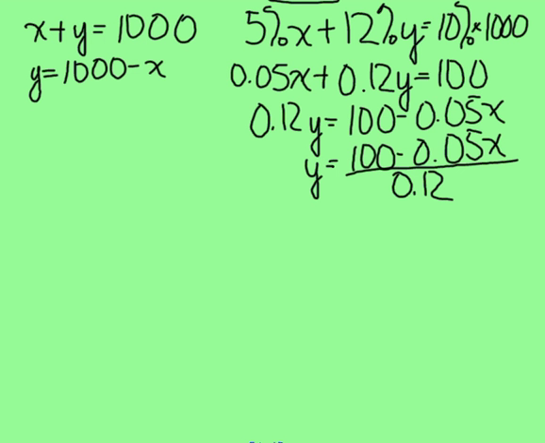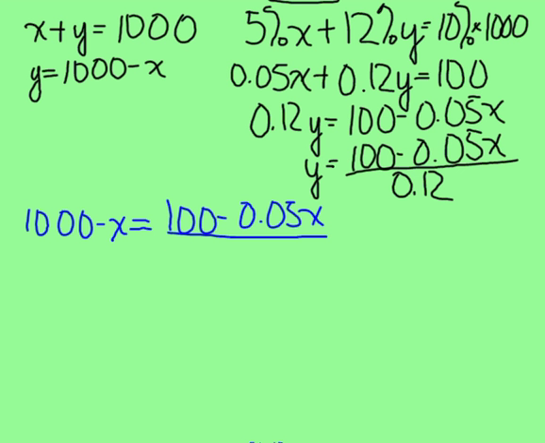So to solve for the X and Y, what we're going to do is set these two equations equal to each other: 1,000 minus x equals (100 minus 0.05x) divided by 0.12. We can do that because both of them are equal to Y. This second equation is kind of awkward because it has this fraction approach, some stuff on the top divided by 0.12.